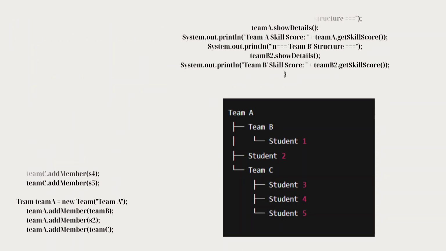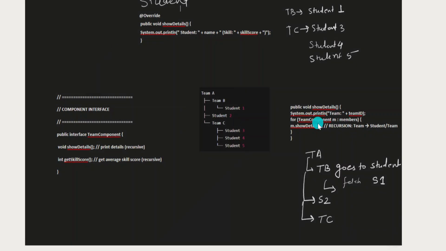Now as it was team A dot show details, that interface will call this function of show details of team, and it will print its constituents, which is that team A has team B. And then after it prints team B, because of the recursion, it will again go to the student class, and because it is student S1, it will print the details of student.